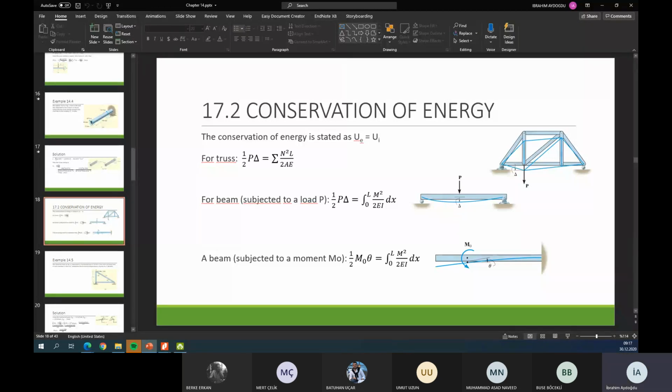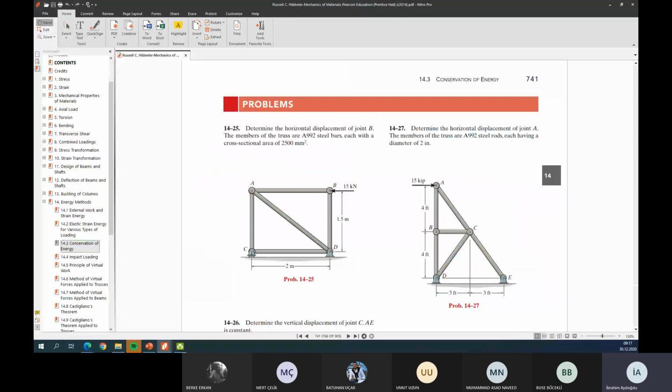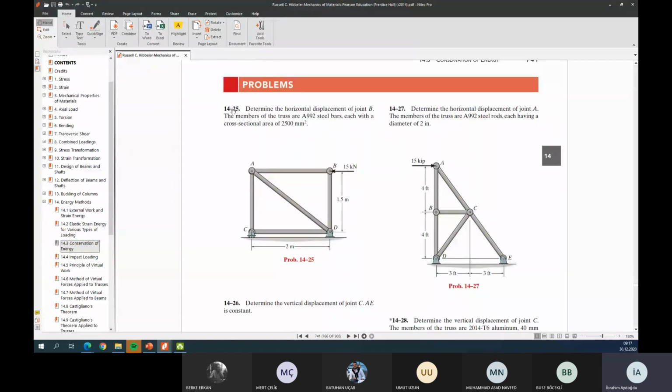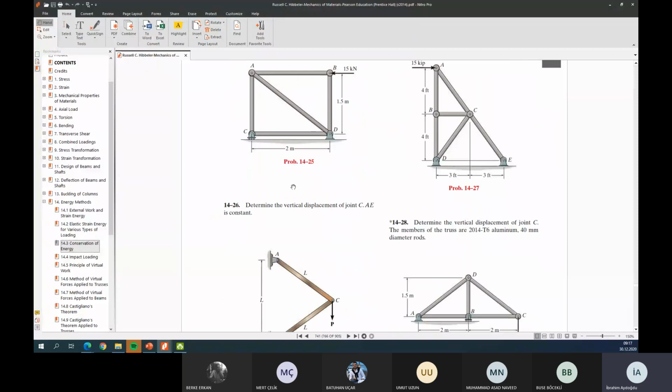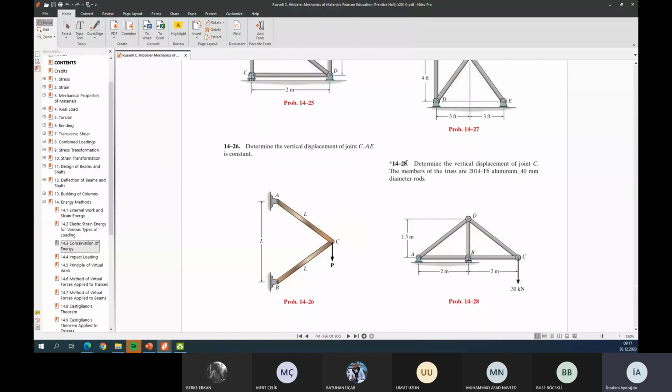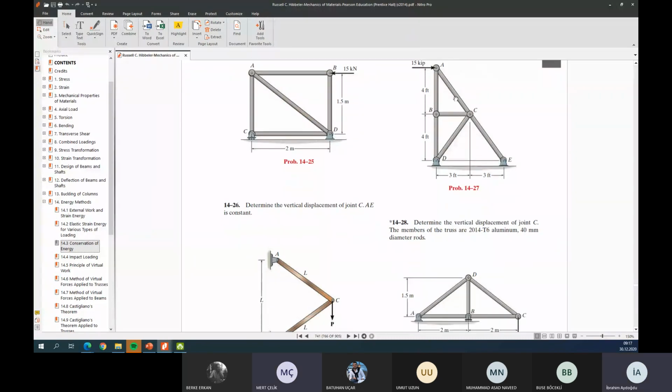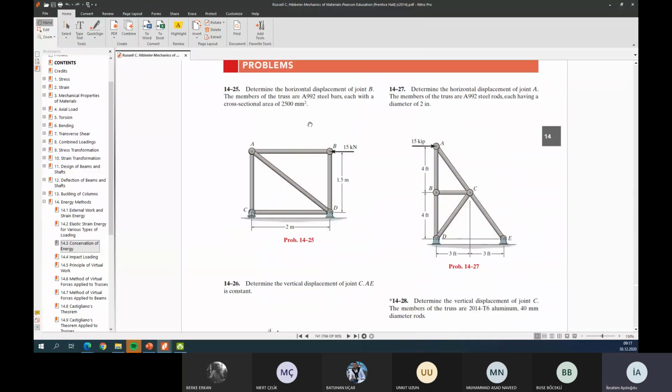Okay. I think we have to make a practice to understand finding the displacement. Where is the example? Do you prefer 14/25 or 14/28? Which one do you prefer? 25, hocam. Okay, so you choose the 14/25.